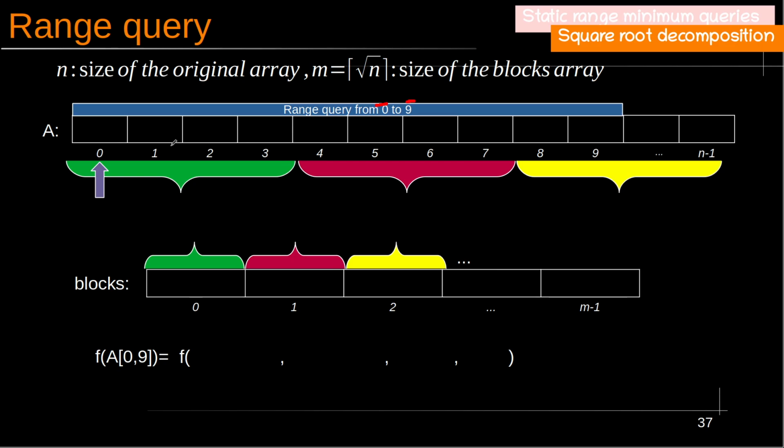So we do not reach 9, the right boundary. So we can use the entire block 0 in the computation, as in the result. So f from 0 to 9 in the original array is equal to f of blocks 0. We can use that block, and we jump to the next.